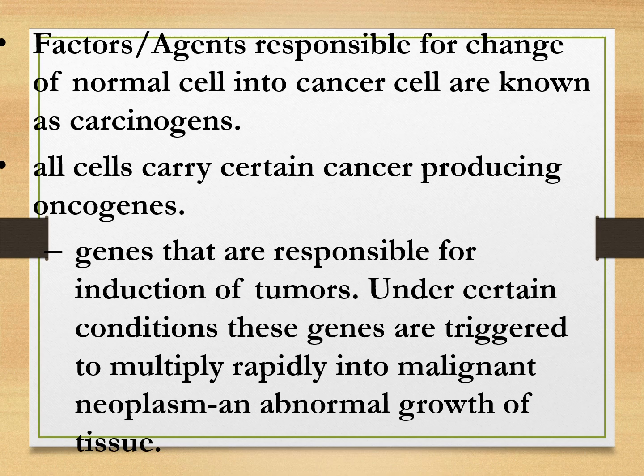The factors or agents which are responsible for change of normal cells into cancer cells are known as carcinogens. All cells in our body carry certain cancer-producing oncogenes. These oncogenes are genes that are responsible for induction of tumors.